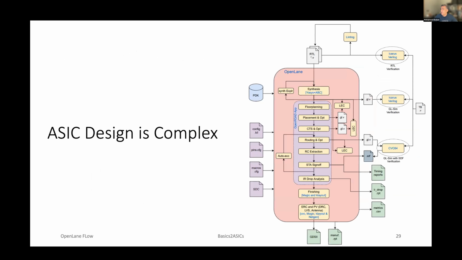Just a warning before I finish this talk: ASIC design is complex, and OpenLane tries to simplify things. OpenLane represents a part of the design process, because there are other things that have to be done, including design verification, which involves functional verification at the RTL and gate level through simulations and test benching, and also timing simulation needed for dynamic timing analysis.